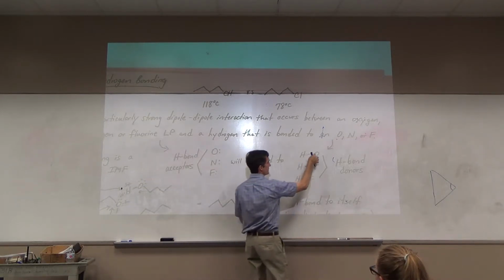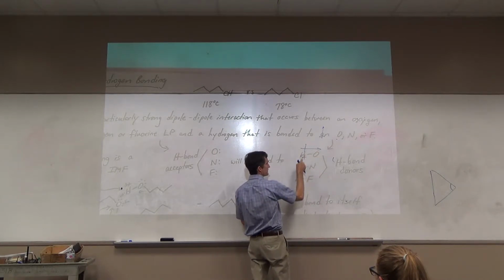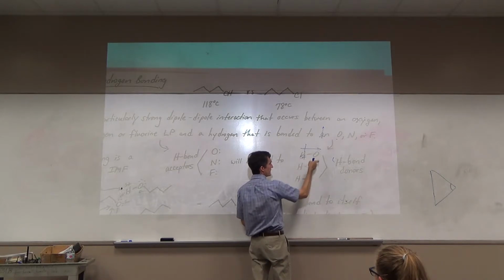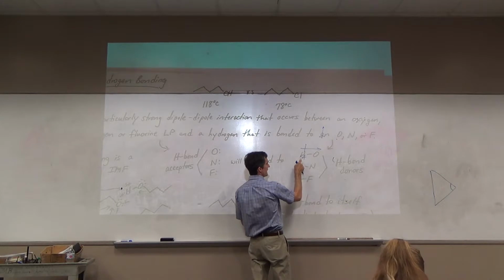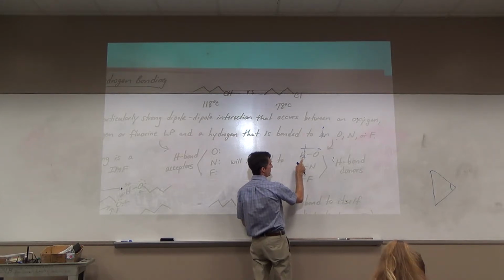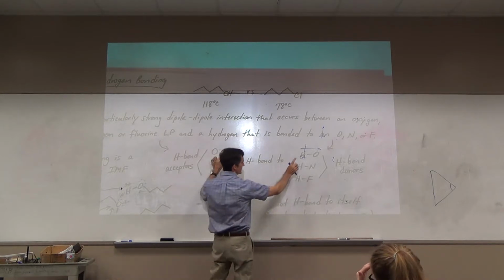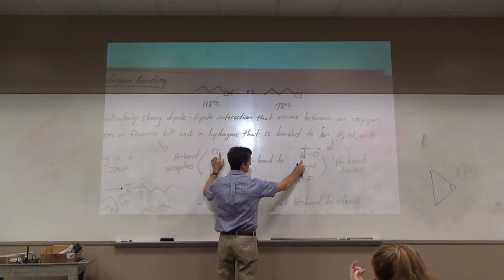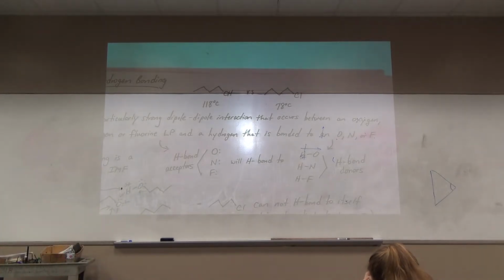Here you have a dipole, leaving the H partial plus in each case. But these are 3 very electronegative atoms, leaving the H with a pretty strong partial positive. These electrons attracting to the strong partial positive is called a hydrogen bond. Just a special type of dipole-dipole.